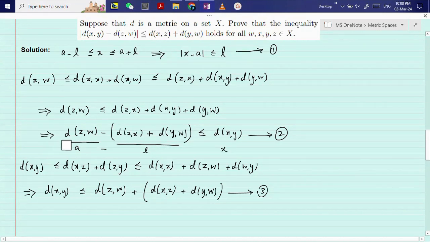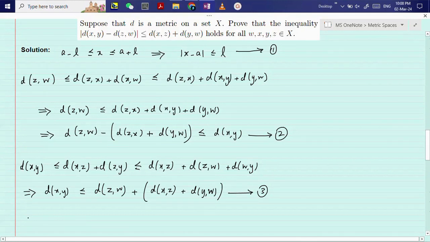And x is less than or equal to a plus l. So this is our x, which is less than or equal to a plus l.